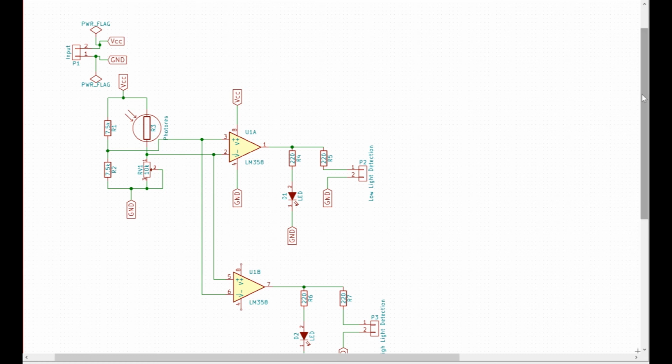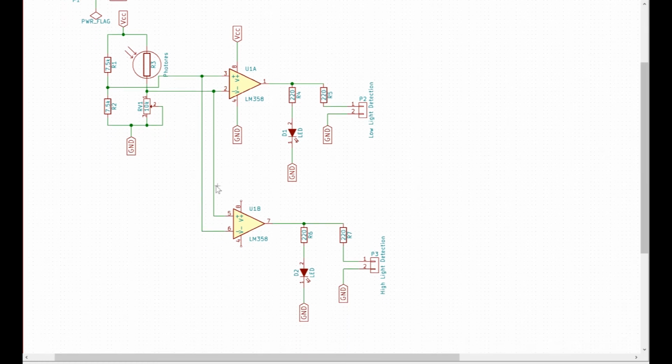LM358 has two operational amplifiers in it. We're using the second operational amplifier in a reverse configuration, in which what we were giving as an input to the non-inverting terminal of the first operational amplifier, we give as the input to the inverting terminal of the second operational amplifier.